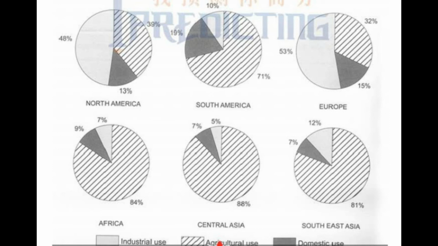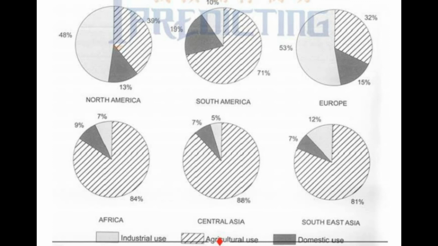For example, over here, the highest consumption of water in agriculture is in Central Asia, after Africa, Southeast Asia, and South America, whereas the consumption in the industrial area is more in Europe than North America, etc. Others are negligible, okay. So you can write a general overview this way, okay. Please don't mention the amount of percentages in the overview paragraph, okay.